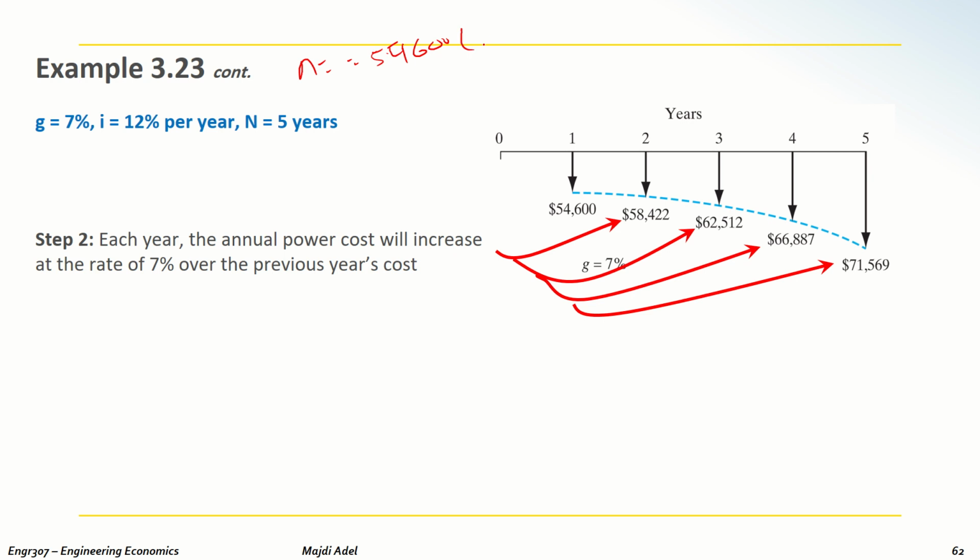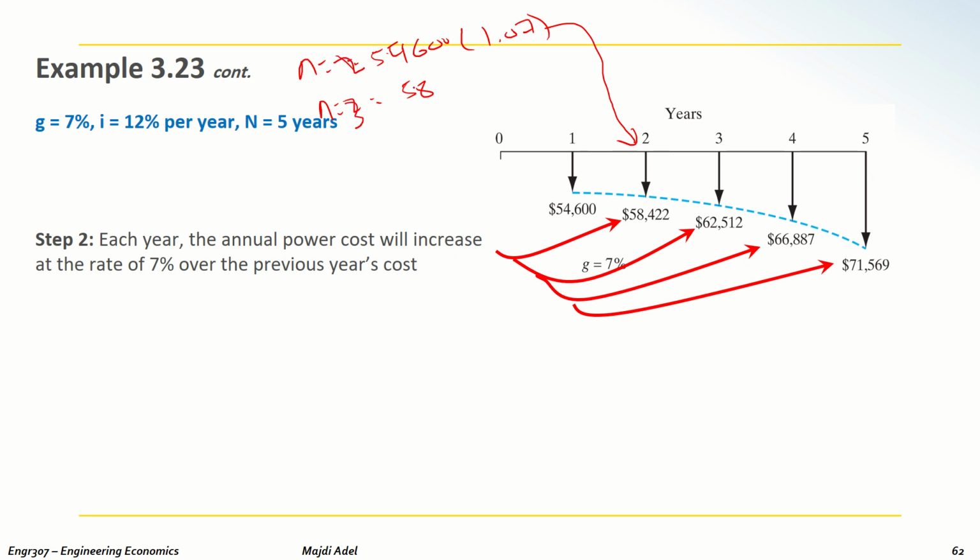54,600 multiplied by 1.07, which is 1 plus g. I will get 58,422. At n equal 2 is going to be 58. This is at n equal 2.